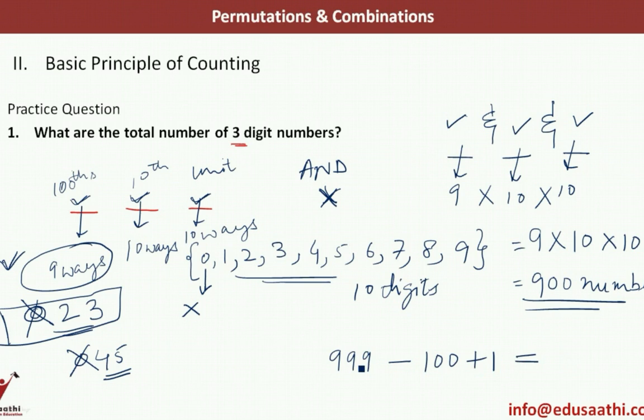This gives you 999 minus 100 is 899, plus 1, which is 900. So the answer we found here, 900, is actually correct. Okay, I hope this is clear, and let's move on to the next practice question.